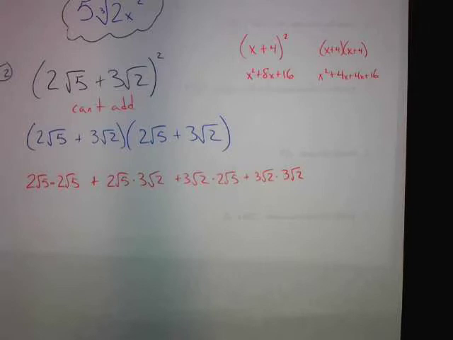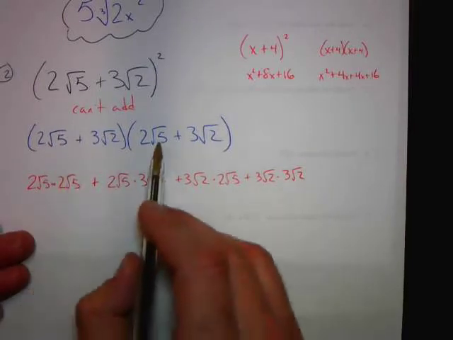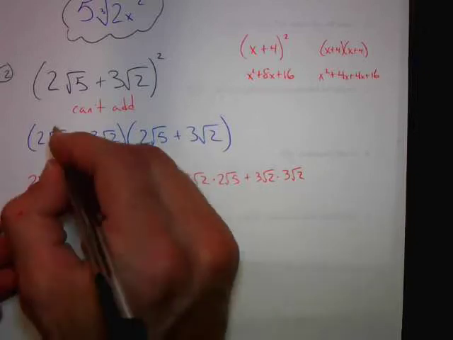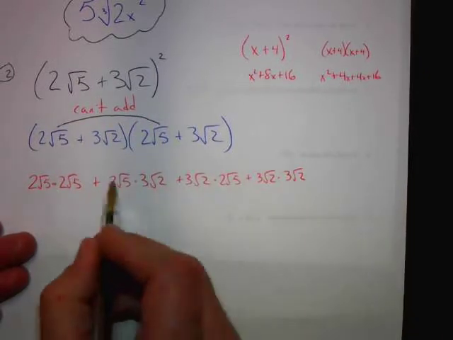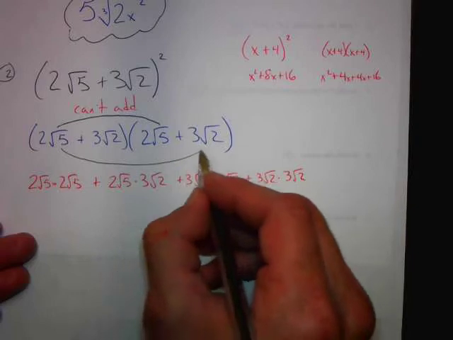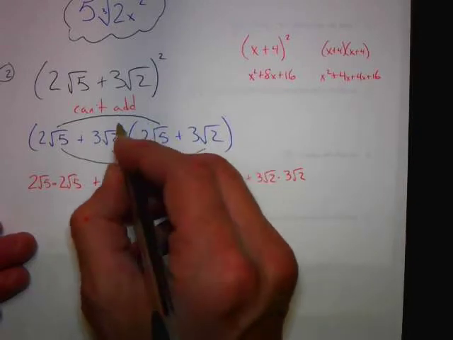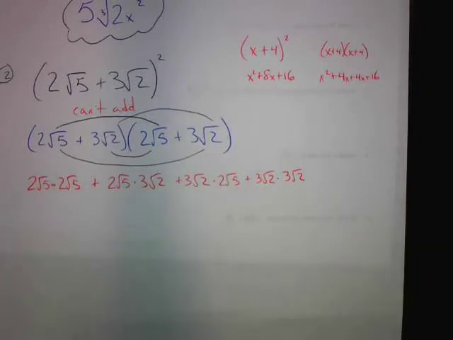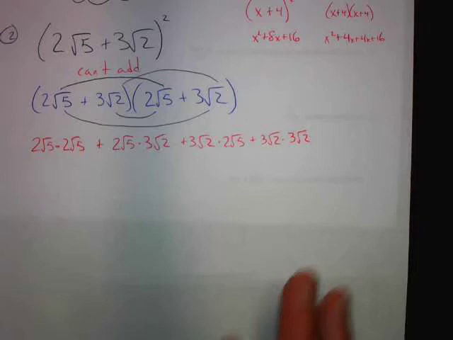Okay, so this looks kind of confusing. So remember, the first thing we did, 2 root 5 times 2 root 5, right here, first term. And then the outside terms, and then the inside terms, and then the last terms. And then we just do the same thing as we did with multiplying binomials. So the rest is just being careful, okay?